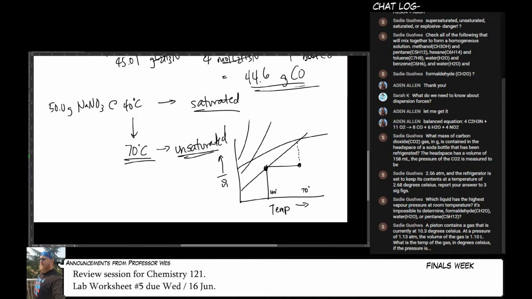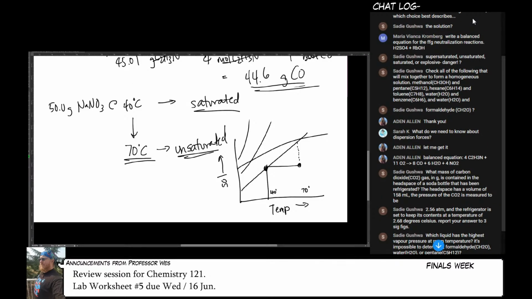And it looks like you're at 75 degrees, but whatever, it's the same thing. So when you heat a solution, it tends to become unsaturated because you can dissolve more stuff in a hotter solution. If you cool stuff down, they tend to become saturated or supersaturated depending on the circumstances.